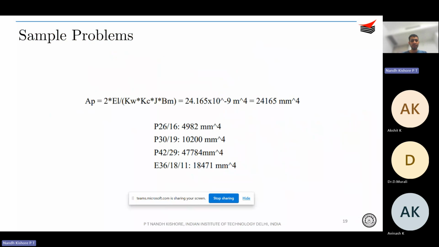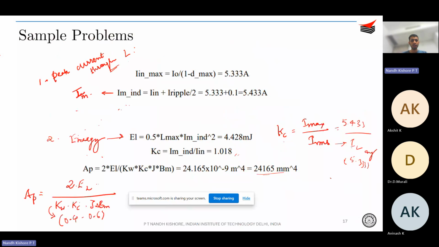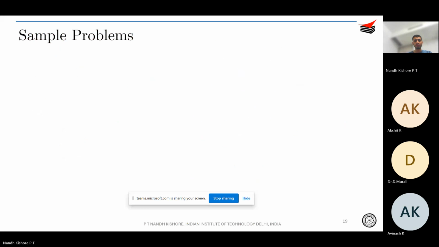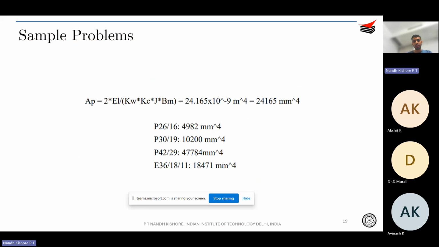The core data will be given in the question. Here I have not given the exact core data for each of these cores, but generally the area product values will be given in the question itself. From that, you take the one that has the just higher area product. Here you see that P40 to 29 satisfies our requirement, as it has a higher area product.